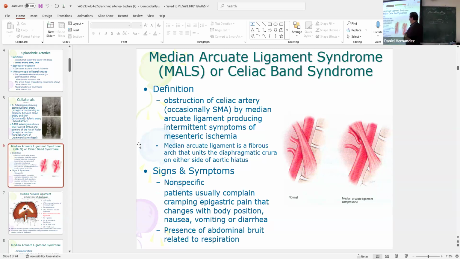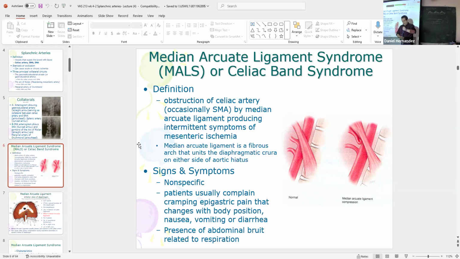This median arcuate ligament attaches to the bottom of your diaphragm and inserts below the celiac artery. With respiration, as your diaphragm goes up and down, that ligament becomes taut and tight and compresses the artery.